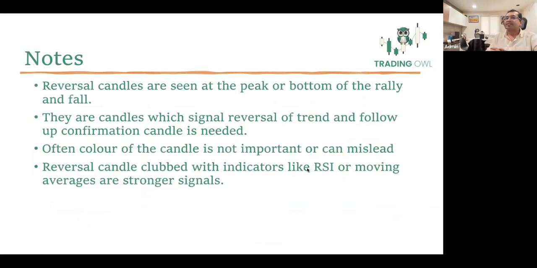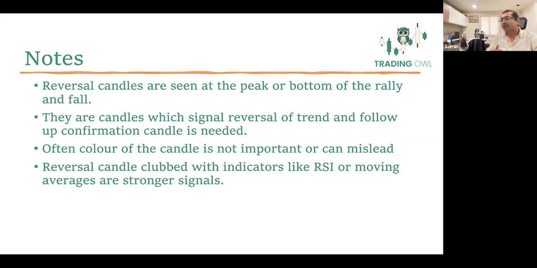So reversal candles are seen at the peak or bottom of the rally or the fall. They are candles that signal a reversal of trend, and a follow-up confirmation candle is needed. You may lighten up your position, but your primary action should come after the confirmation of the reversal signs. Often the color of the candle is not important or it can be misleading. Many books do talk about the color of the candle, but more than 50-70% of the time the color can be misleading.